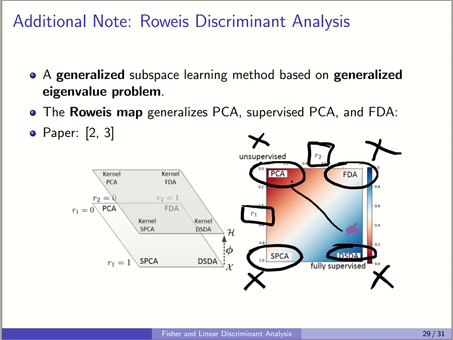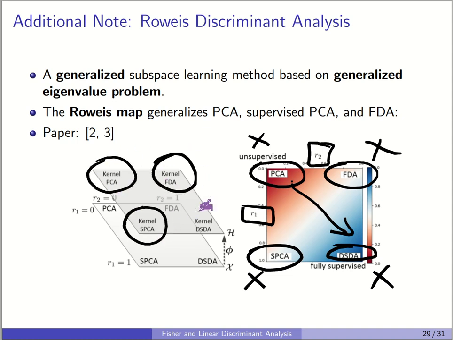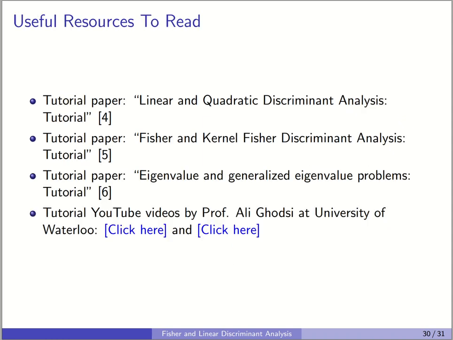So in the Roweis map, coming from this corner to this corner, the supervision level increases. And we can also have this Roweis map in the feature space where we have kernel PCA, kernel FDA, kernel supervised PCA, and kernel double supervised discriminant analysis as special cases. You can read our paper for more information.